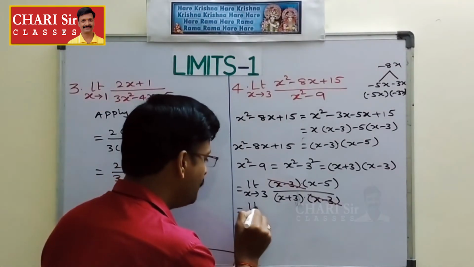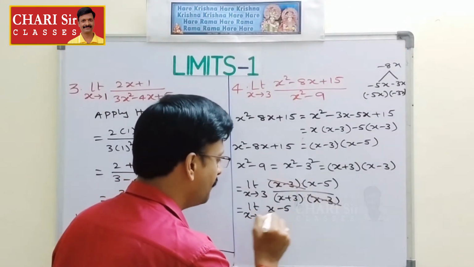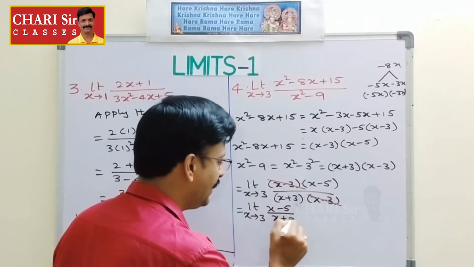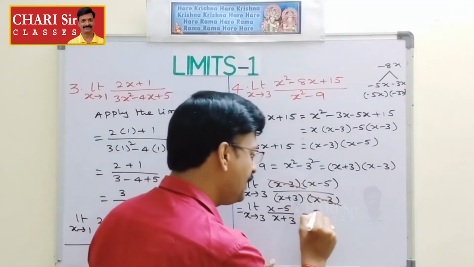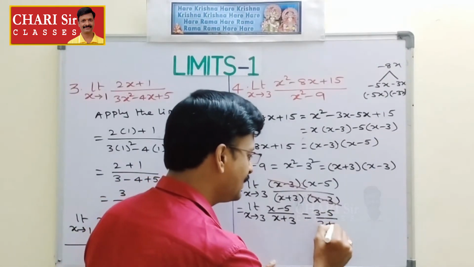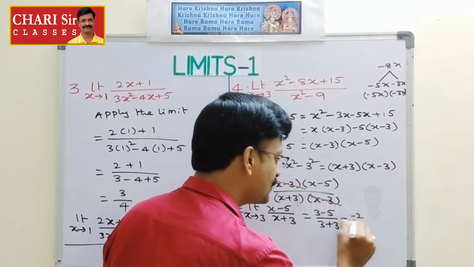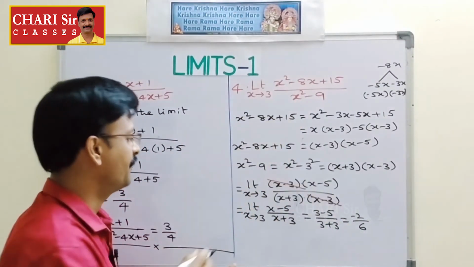That is limit x tends to 3, x minus 5 by x plus 3. Now if you apply the limit, what do you get here? 3 minus 5 by 3 plus 3, that is minus 2 by 6. This is the limit value of this given function.